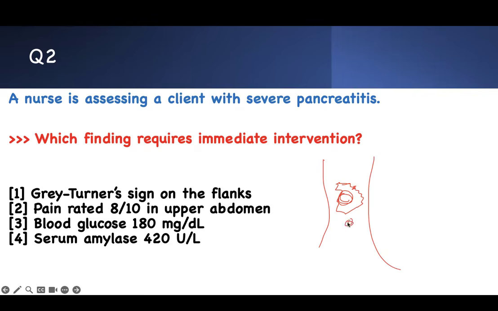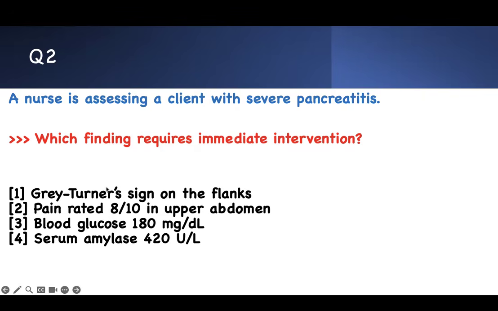You're going to have periumbilical ecchymosis, flank ecchymosis. You're going to have an airway issue. These are the two things you should worry about when it comes to pancreatitis. In that process, when they ask me what the immediate intervention is, I'm going to be sharp and think critically. Common sense tells me if the vessels surrounding the pancreas are going to burst, it's going to bleed.